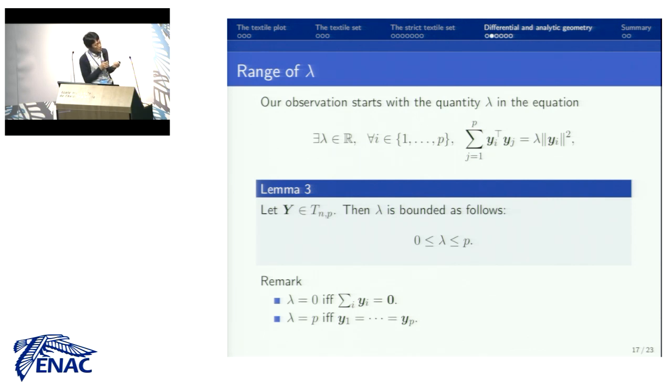So lambda is greater than or equal to 0 and bounded from above by p. And the two extreme cases correspond to these kinds of degenerate cases.